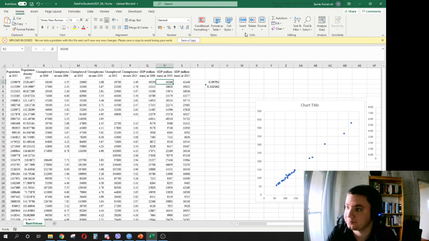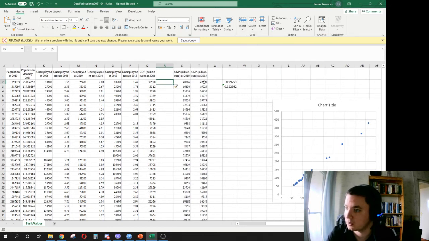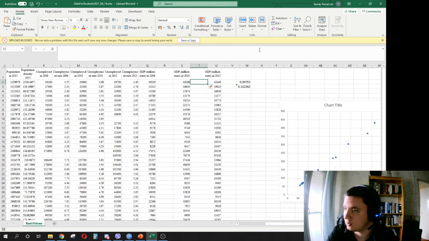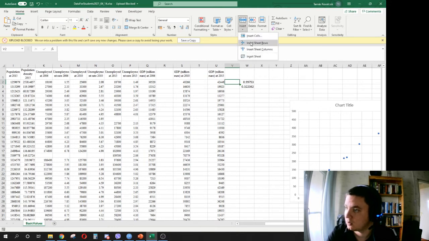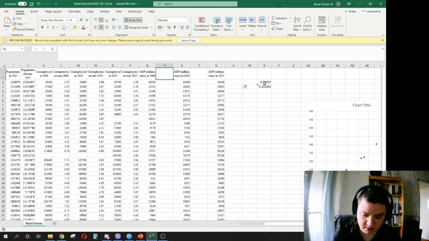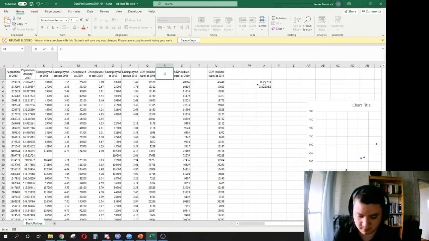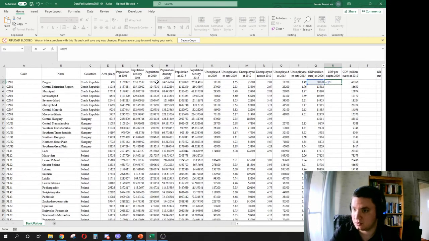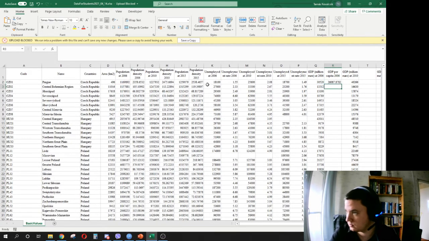For example, insert a new column. Okay, and let's calculate the GDP per capita 2006. Okay, make a division by population and multiply by 1 million.